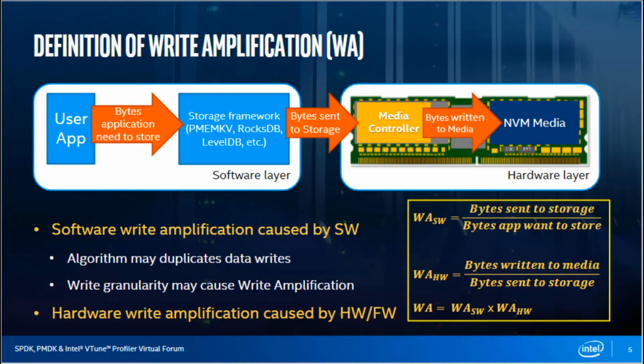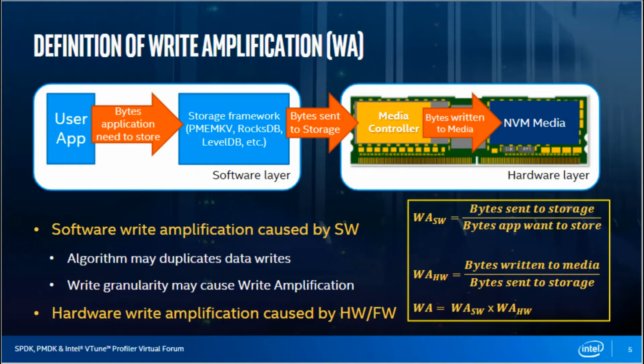Write amplification happens when the user application wants to store some amount of bytes, but internally the storage framework might do some transformation. We might do fine-grain changes which are lower than the granularity size of the device. For example, for SSDs it's a block size, which is usually significantly bigger than the cache line size.